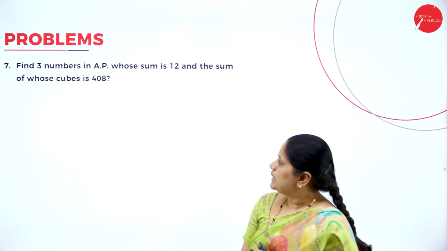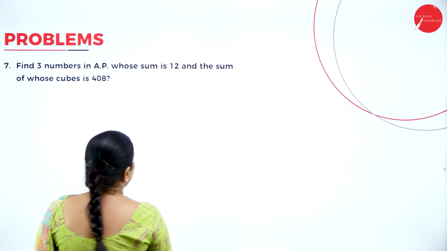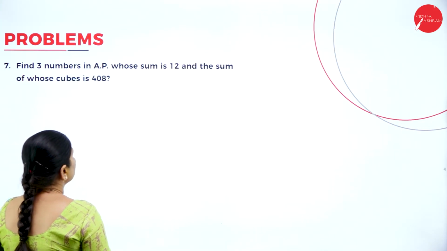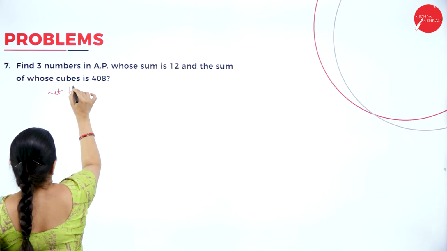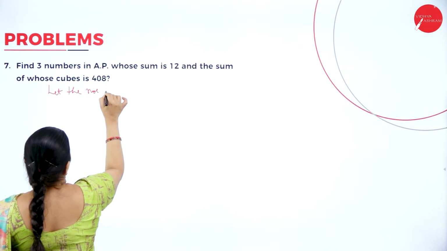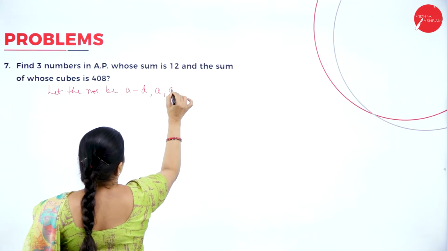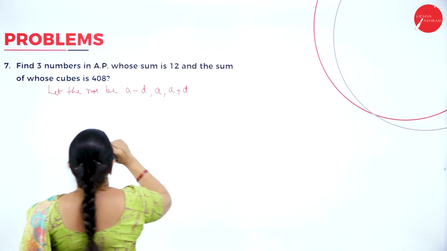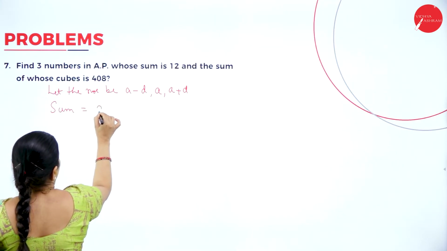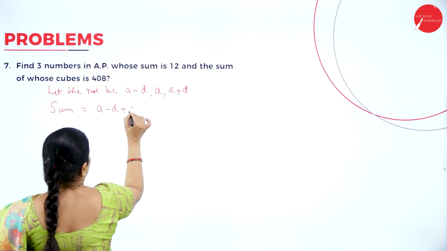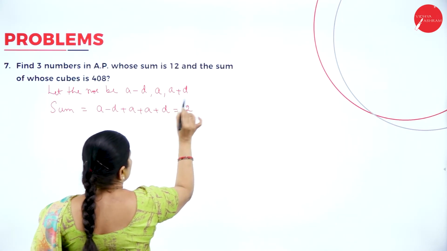Okay, in the next problem, find 3 numbers in AP whose sum is 12 and the sum of whose cubes is 408. So, let the numbers be A minus D, A, A plus D. Okay, so the sum equals A minus D plus A plus A plus D equals 12.